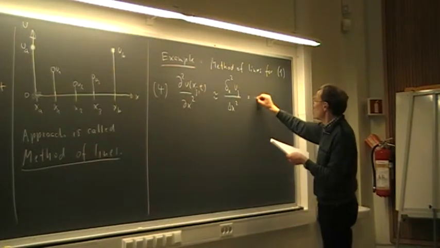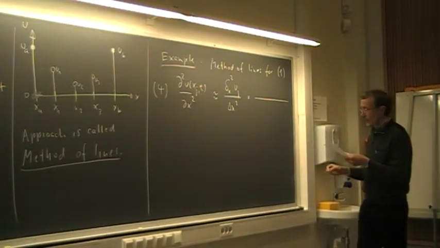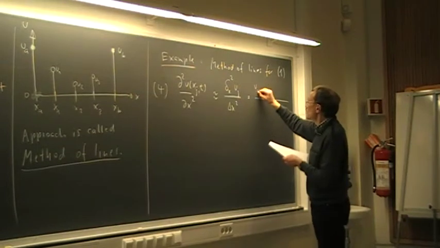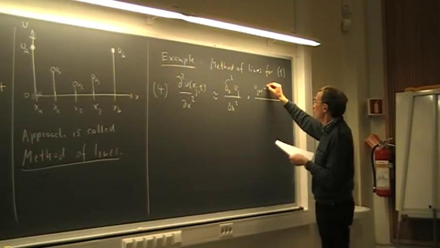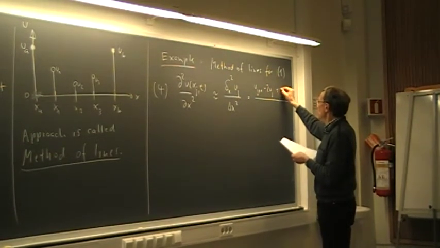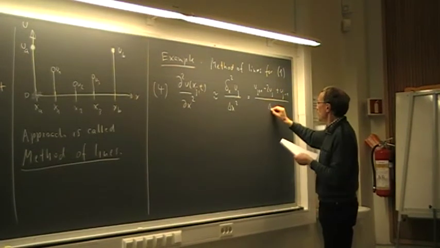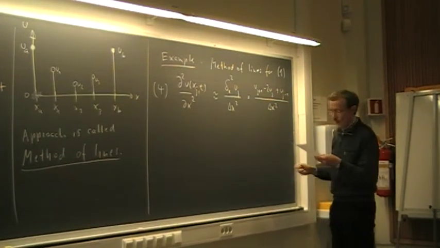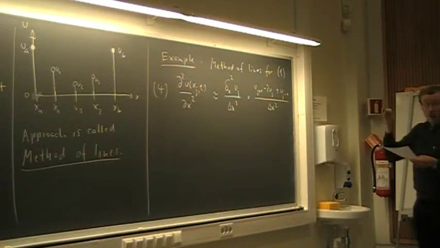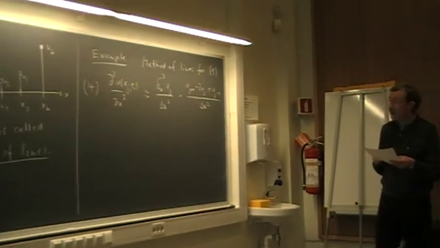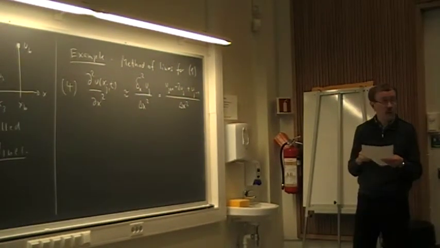And as you saw yesterday, that is uj plus 1 minus 2uj plus uj minus 1 divided by delta x squared. So now we can insert that into our heat equation 1.